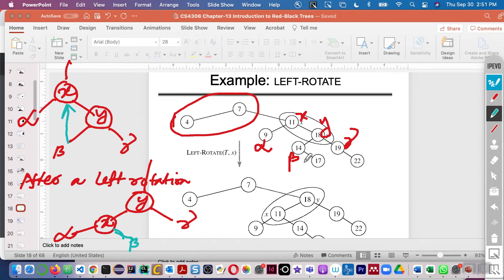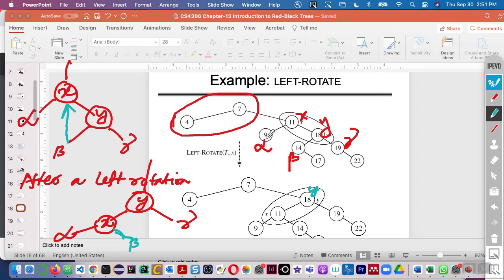The same thing will happen here. y will come over here. This is my y, 18, and then x will come here. So what children does x have?